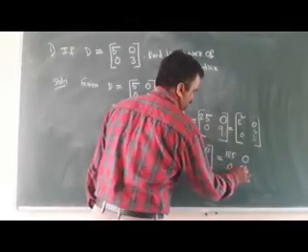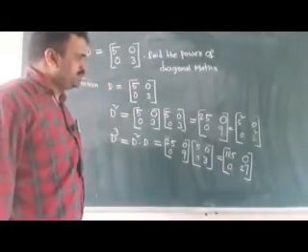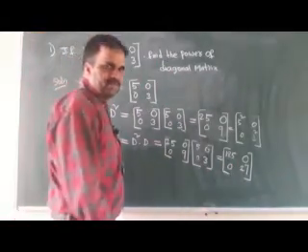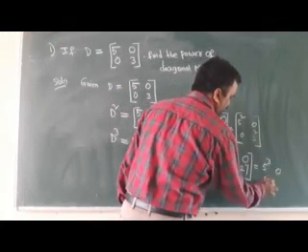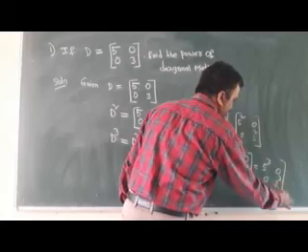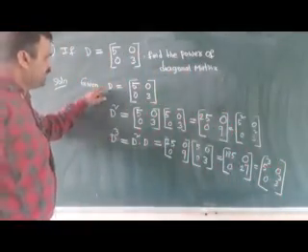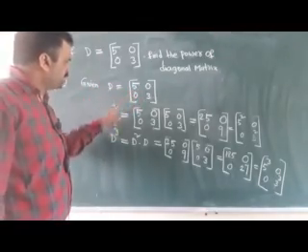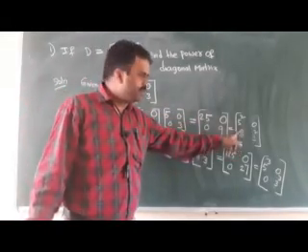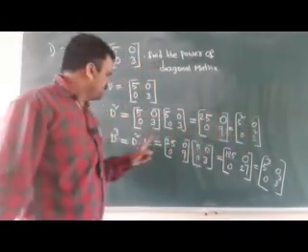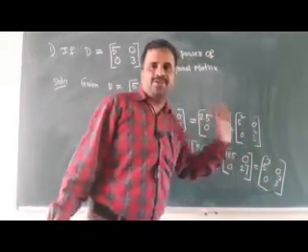This is 27. So 125, 0, 0, 27. I can write this as 5 cube, 0, 0, 3 cube. So once here see clearly: D is 5 0 0 3, D square is 5 square 0 0 3 square, D cube is 5 cube 0 0 3 cube.